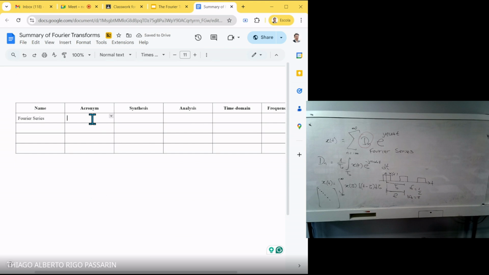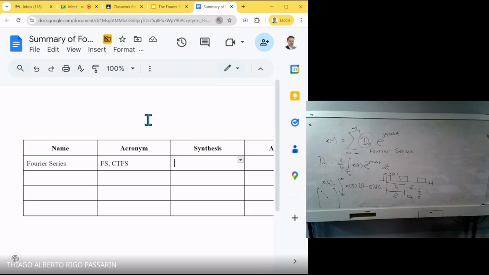The Fourier series, the acronym can be FS. It can also be continuous time Fourier series, FS or CTFS. Those are the acronyms you will find. Synthesis equation. Let's use this horrible tool, which is the Google Docs equation editor.